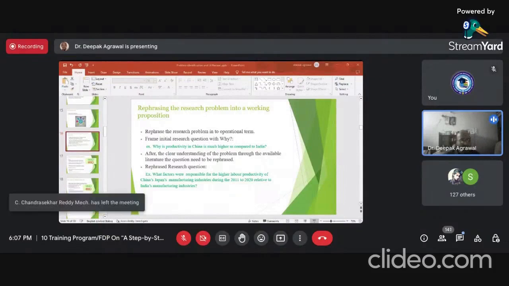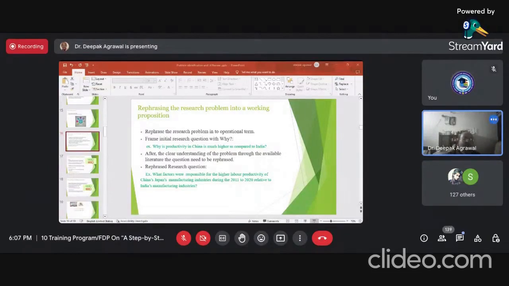So once your work has been sent to another person to read, they should be very clear exactly what you want to do. Because there may be many reasons regarding the higher productivity in China. But we have reduced it to identify the factors. Again, it can be 5, 6, 7 as per the availability.